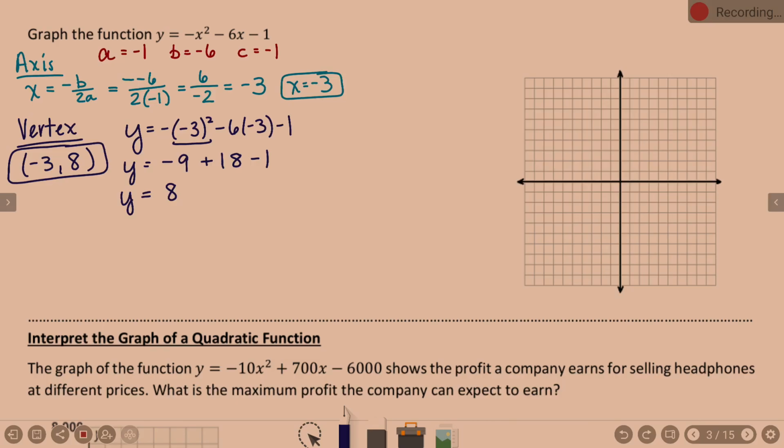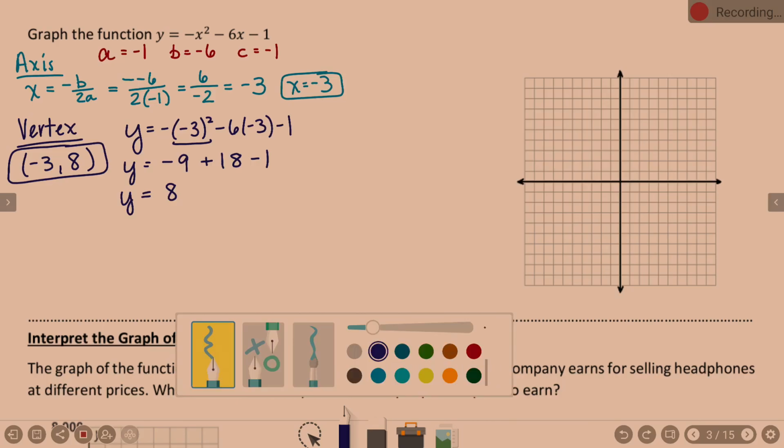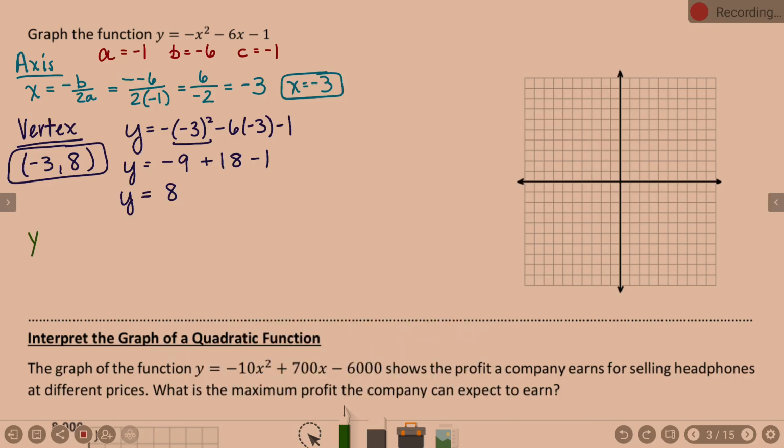Find the y-intercept. Okay? Now, I say find the y-intercept. What's the y-intercept? Negative 1, because what is it always? It's always your C. If you don't like that, plug in the negative of 0 squared minus 6 times 0 minus 1.